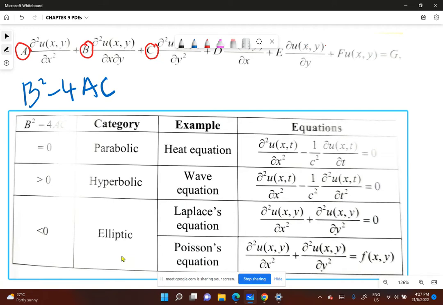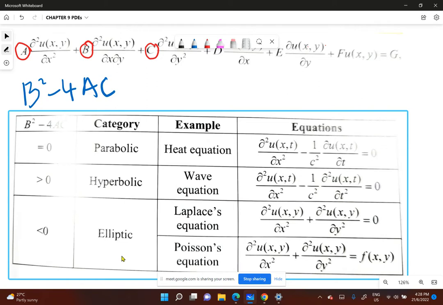I give you example. Before we go to this, I give an example of this category of PDE. Wait, find an example first. Where? My paper is missing. Sorry class, I cannot find my note.